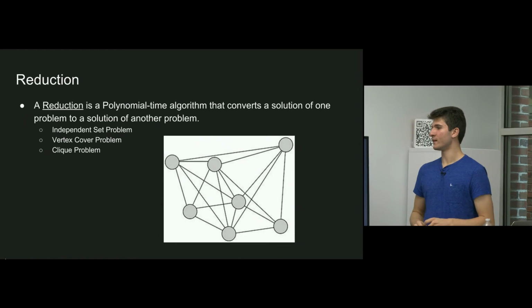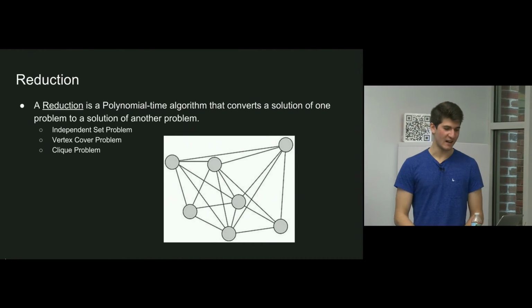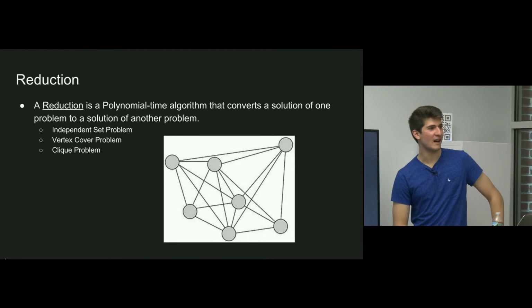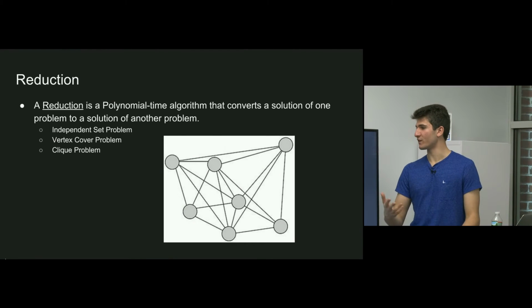And then the clique problem. I don't know if it's click or clique. Some people say clique. It's related to the colloquial sense of the word clique, which is like a friend group. Is there a friend group in this graph where every person, represented by a vertex, is connected to every single other vertex in the clique?